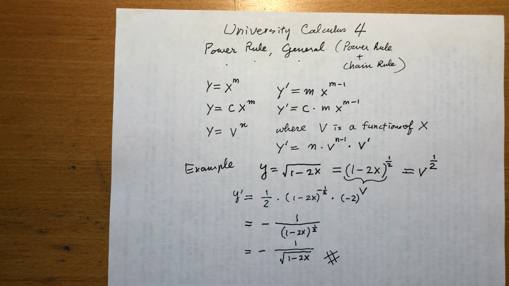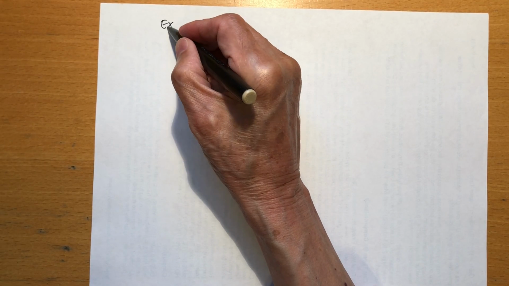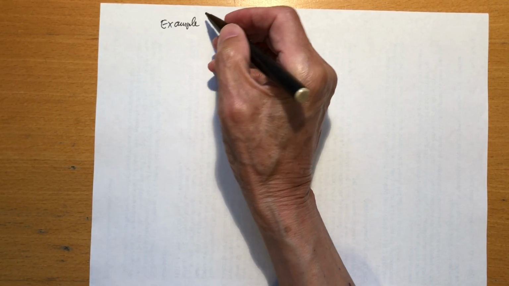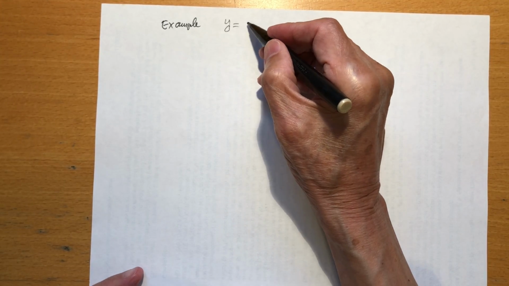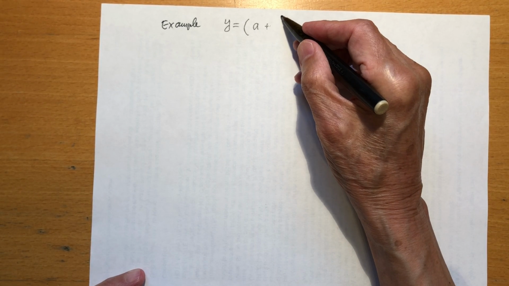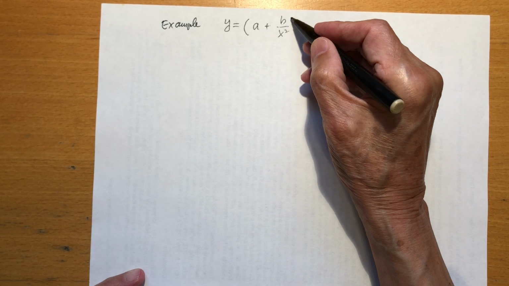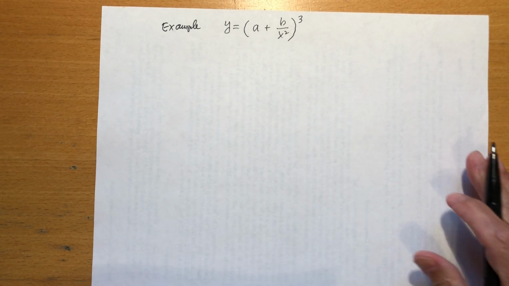Okay. Let's have another example. Okay, the next example is y equals a plus b over x squared, raised to the exponent 3.